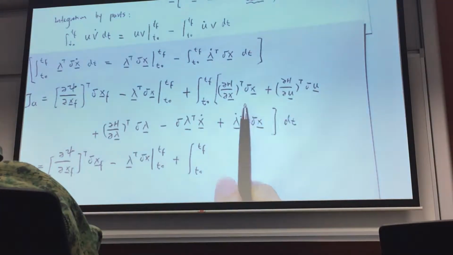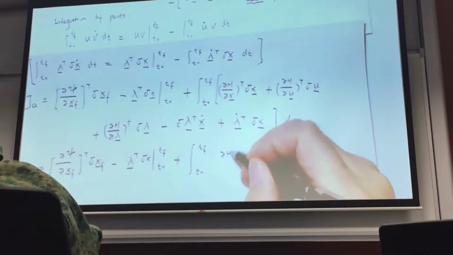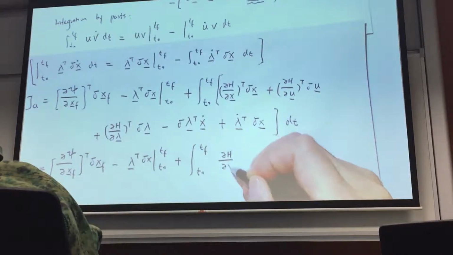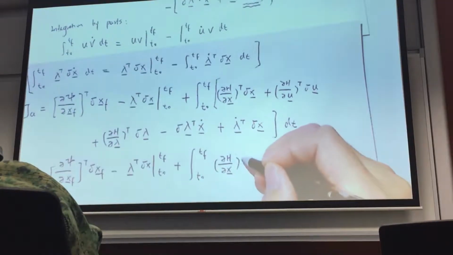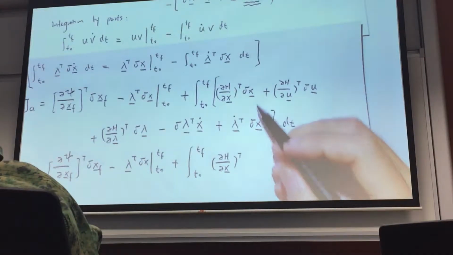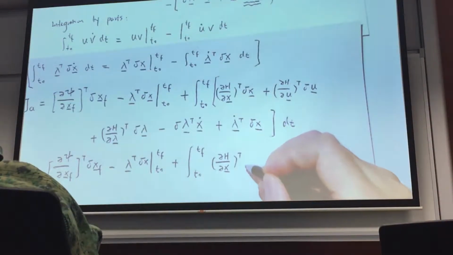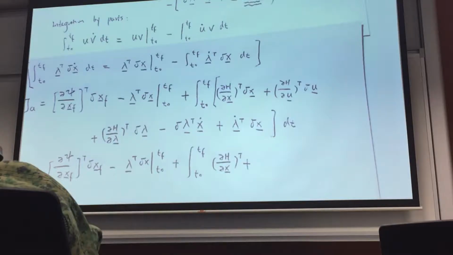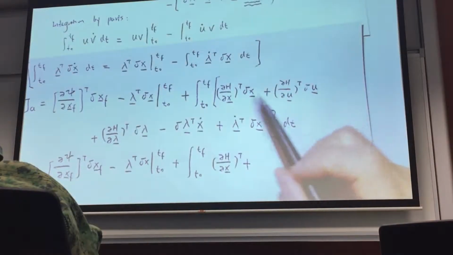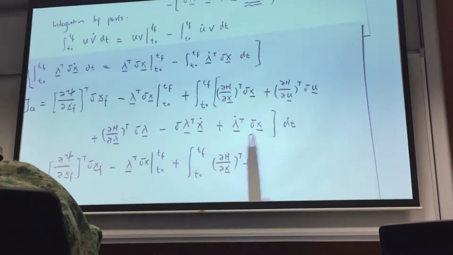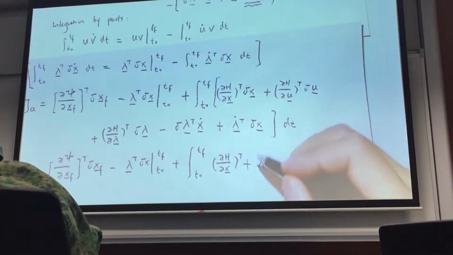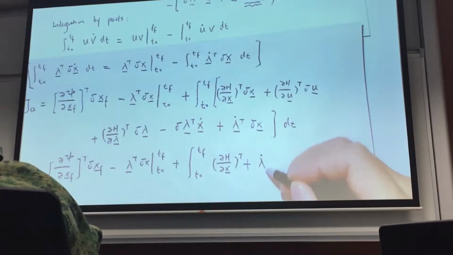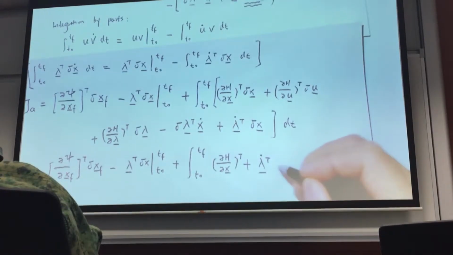For the terms including delta x, we have this dh/dx transpose plus this one also for delta x, so it's lambda dot transpose.